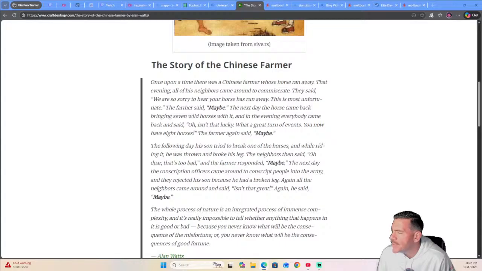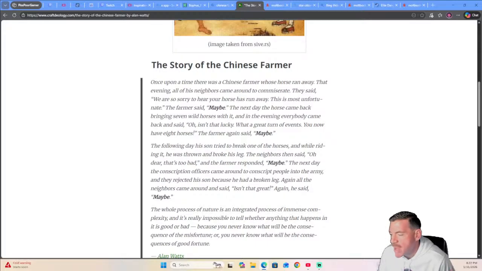While riding it, he was thrown and broke his leg instead. The neighbor said, "Oh dear, that's too bad." The farmer responded, "Maybe yes, maybe no." The next day, the conscription officers came around to conscript people into the army. They rejected his son because he had a broken leg. All of a sudden, the neighbors came around and said, "Isn't that great?"